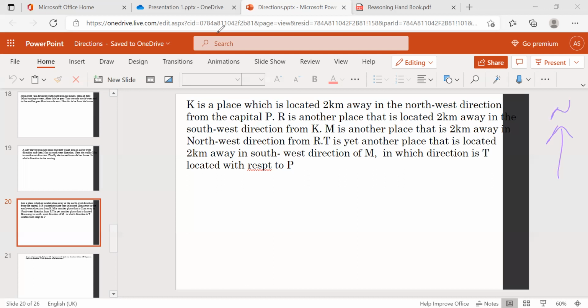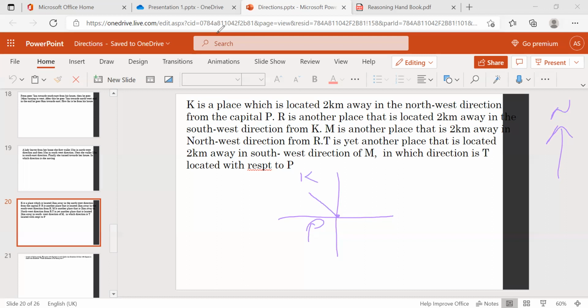Now, K is a place located 2 kilometers away in the northwest direction from the capital P. That means from P it is the northwest direction. So take P here. From here, northwest, like this, 2 kilometers away. So here K is there.